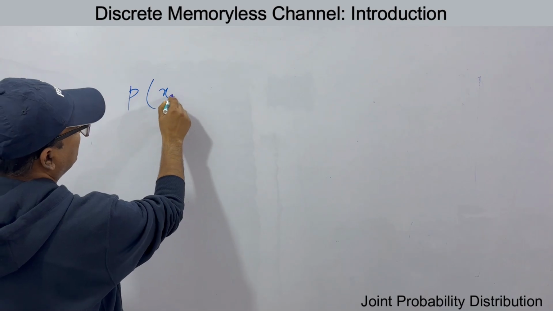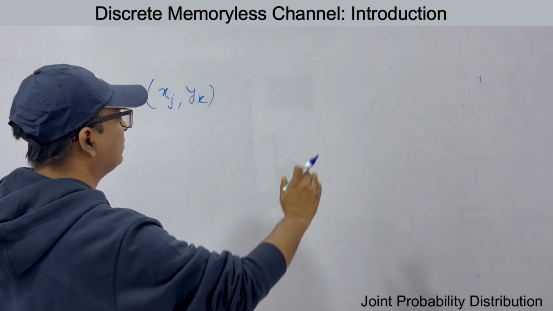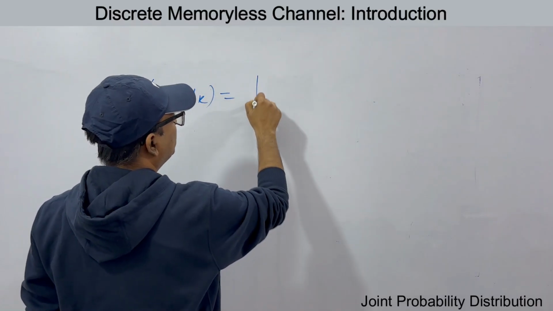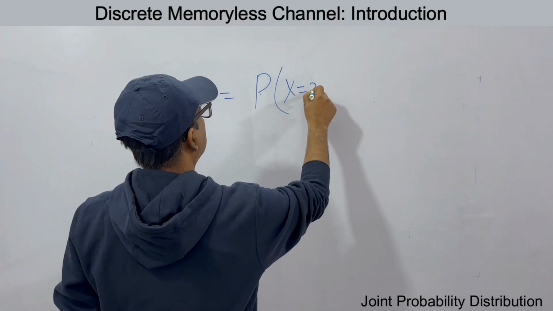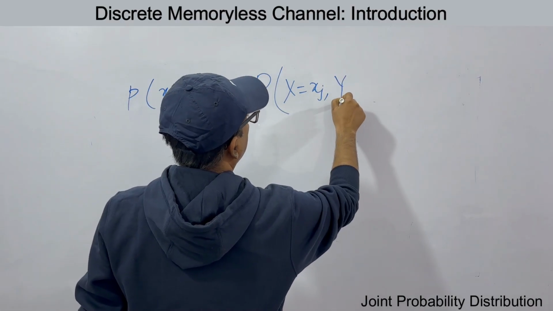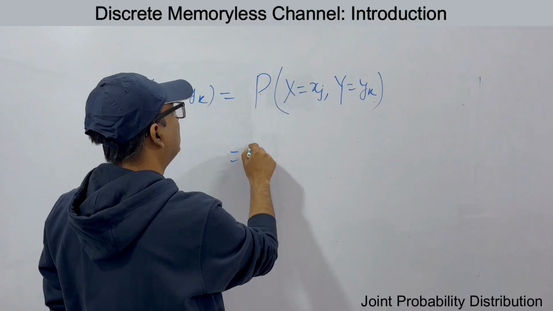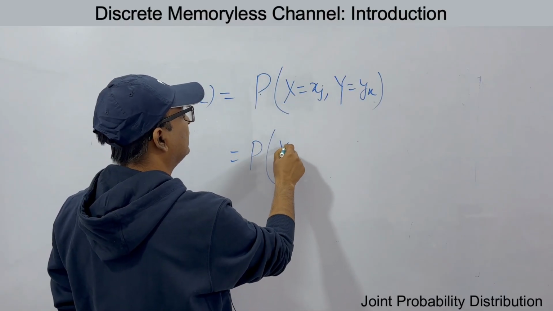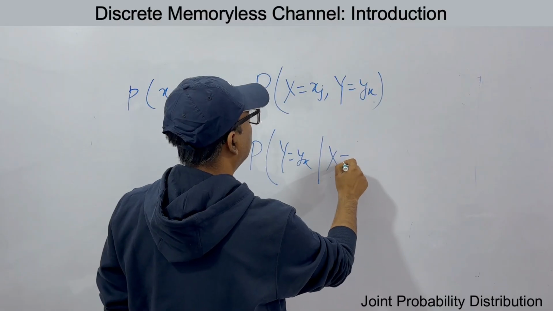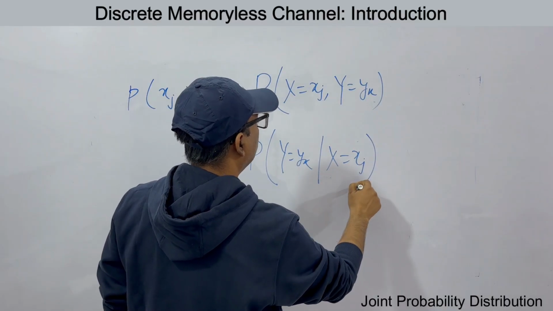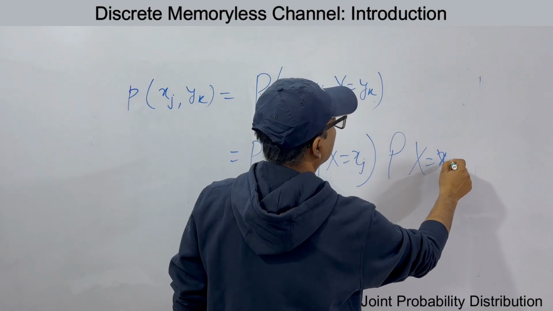X we have J number of symbols and Y we have K. So it is expressed like this: P(X = x_j, Y = y_k), or it can be written as P(Y = y_k | X = x_j) into P(X = x_j).